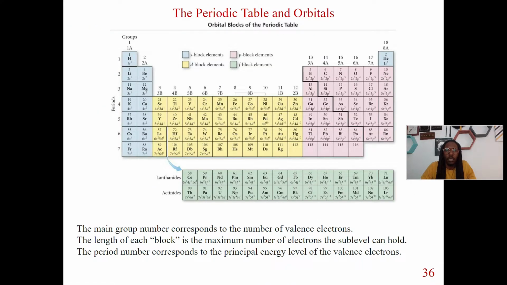All right, now that we've talked about valence electrons, let's blow your mind. When you're looking at your periodic table, that's the reason why I said the periodic table is about to be the greatest tool you have in chemistry. When you look at the periodic table, you can tell a couple of different things, and one of those things is letting you know exactly what your s's, d's, p's, and f's are.